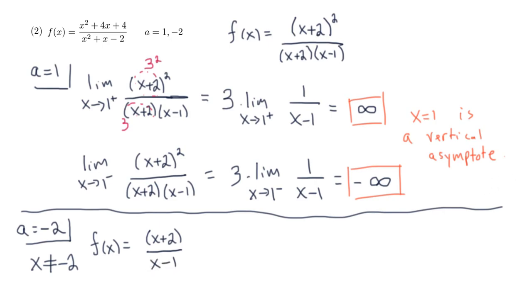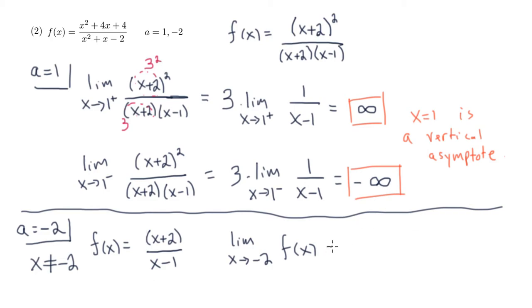But look how nice this becomes. I can just take the limit as x approaches negative 2 of this function. I can do the right-hand limits and the left-hand limits simultaneously because it's going to exist. Because in fact, there's no problem here. This is not an indeterminate form. I'm not dividing by 0. This function is actually continuous at negative 2. It's a rational function.